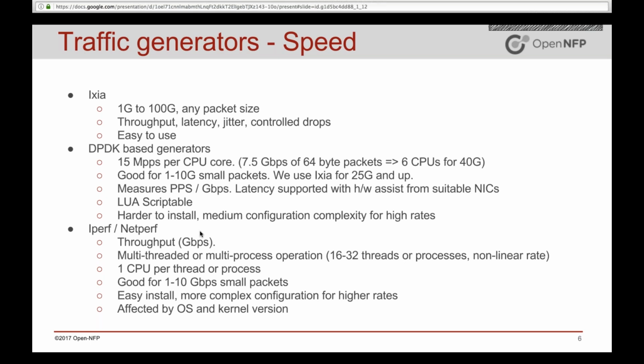You can even get line rate with larger packets, but in order to get high rates with smaller packets, you're going to need to use multiple threads or processes, and the scaling there with number of threads is not necessarily linear. And you'll need typically in the configurations we allocate 1 CPU per thread or process. So you can end up using a lot of resources if you go this route for generating the appropriate traffic rates. But they're very, very easy to use, but the downside is getting the appropriate throughput can be quite a bit more complicated.